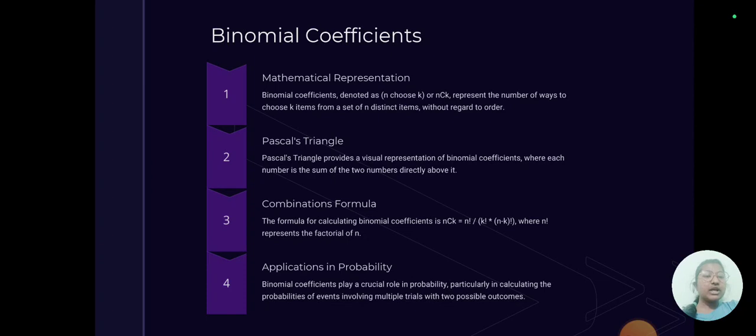Combinatorial formula: nCk is equal to n factorial divided by k factorial into (n minus k) factorial, where n factorial is the factorial of n. Applications in probability: the binomial coefficient plays a crucial role in probability, particularly in calculating the probability of events involving multiple trials with two possible outcomes.